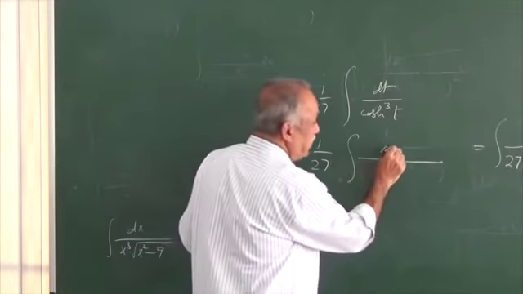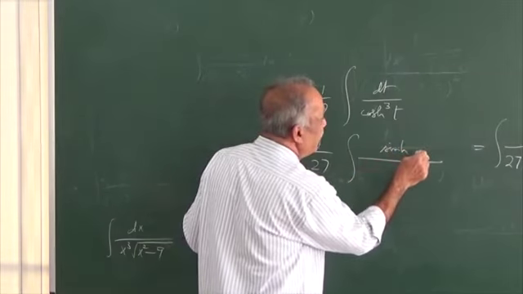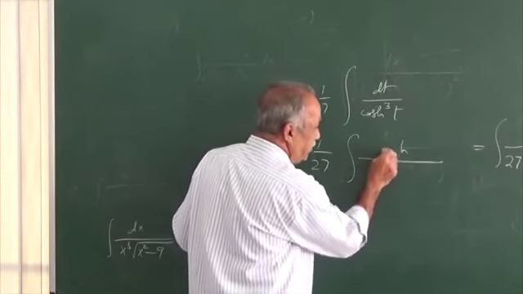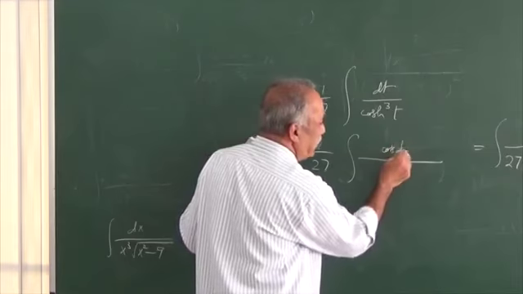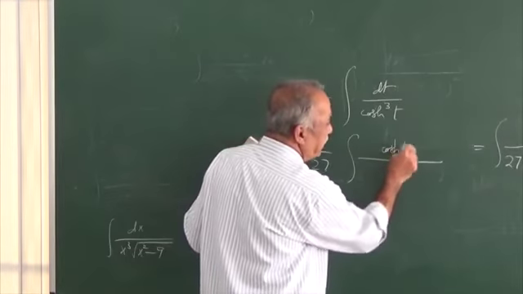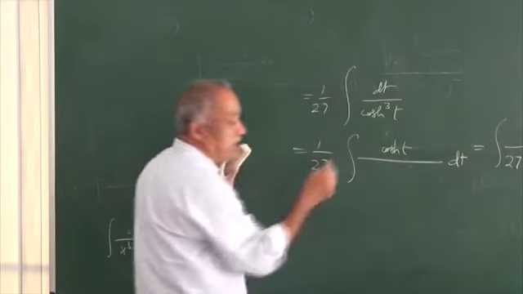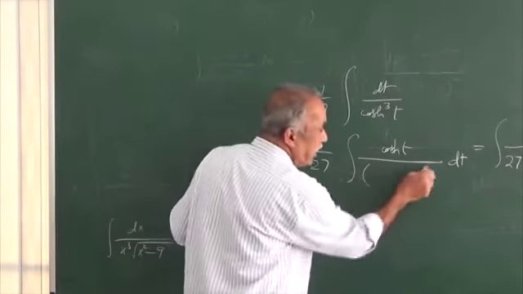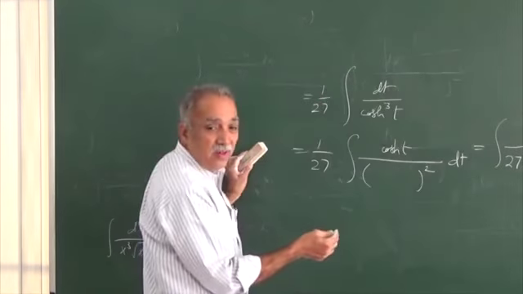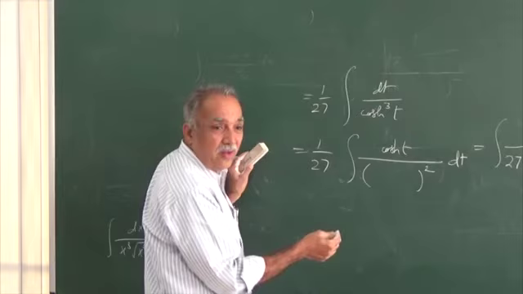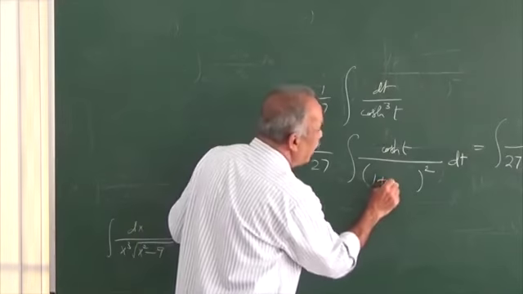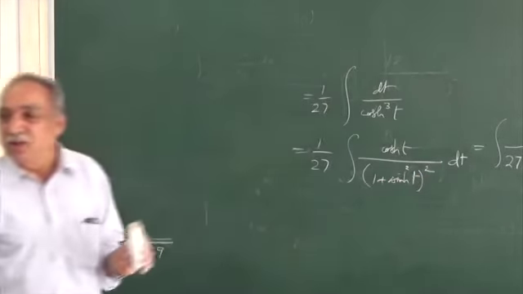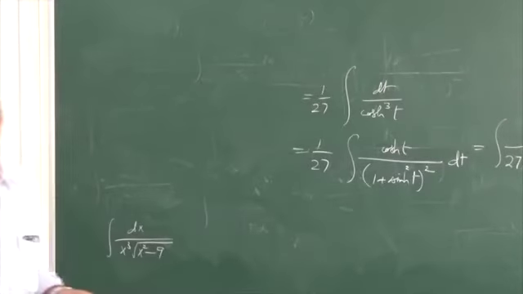I want that in the numerator. No. I will retain cos h. I will multiply by cos h t, both numerator and denominator. The denominator becomes cos h to the power 4, which will be written as the square of cos h square, and then use the formula cos h square minus sin h square equal to 1.